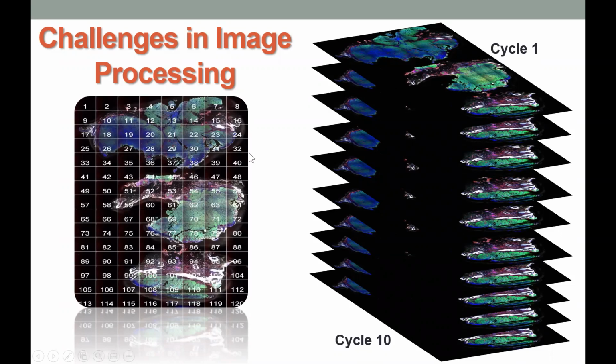The image is acquired tile by tile, like I show here, and also from different cycles. Trying to assemble this into a single image that allows us to do visualization and analysis is not a trivial question.